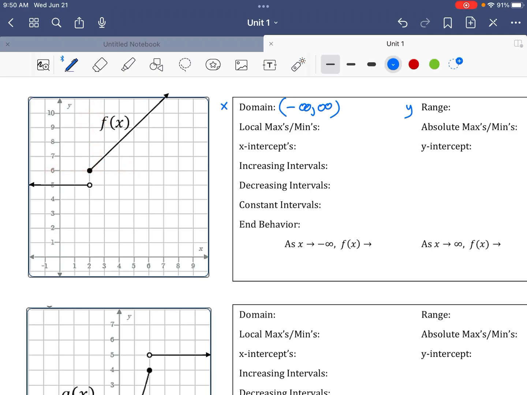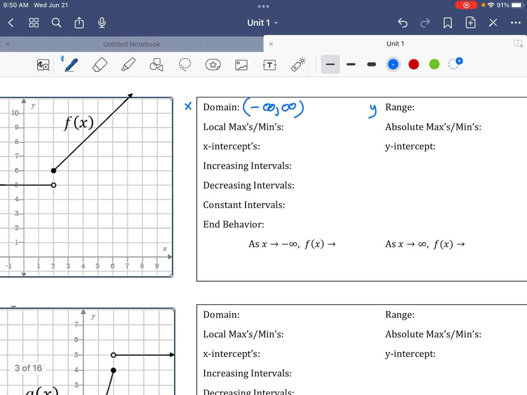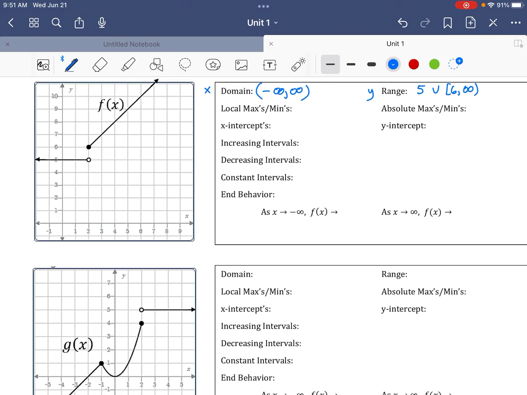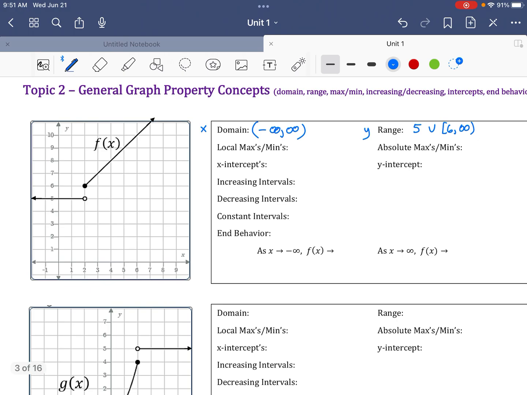So it exists at 5, and it also exists from 6 up. This is going to be a little bit strange, but we're going to say 5, or we're going to say it exists from 6 to infinity. So it's a little bit complicated, but the y values are either 5 or everything from 6 up. Okay, so it just is what it is.